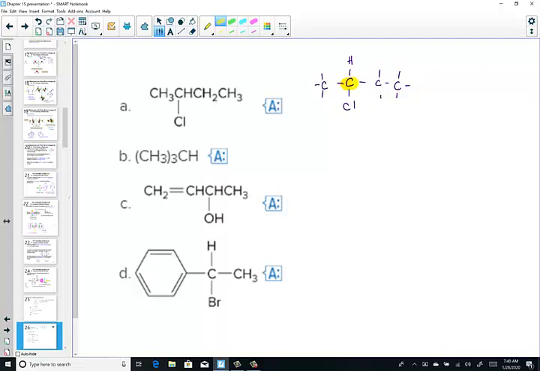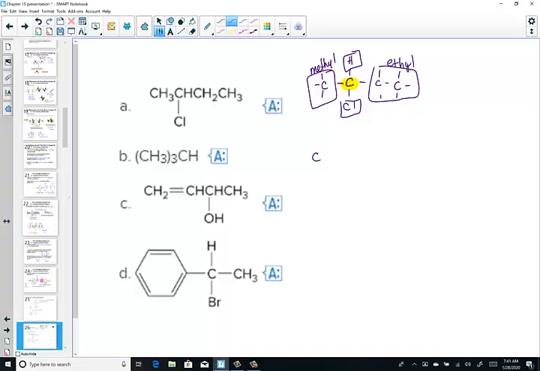This carbon is a chiral center. It's attached to a methyl group, CH3. It's attached to a hydrogen, attached to a chlorine, and there is a point of difference because an ethyl is not the same as the methyl around that central carbon. So there is 1 chiral center.